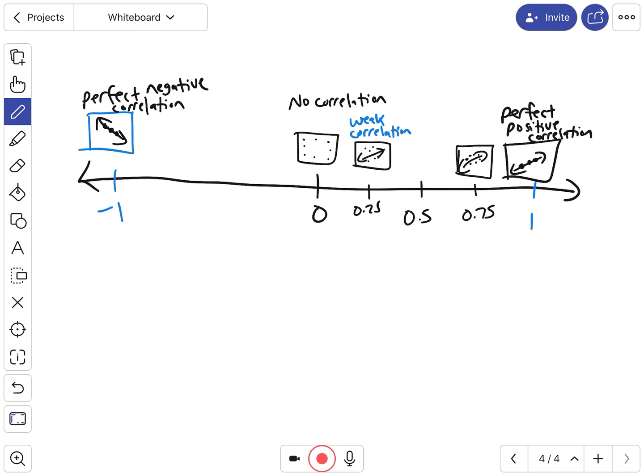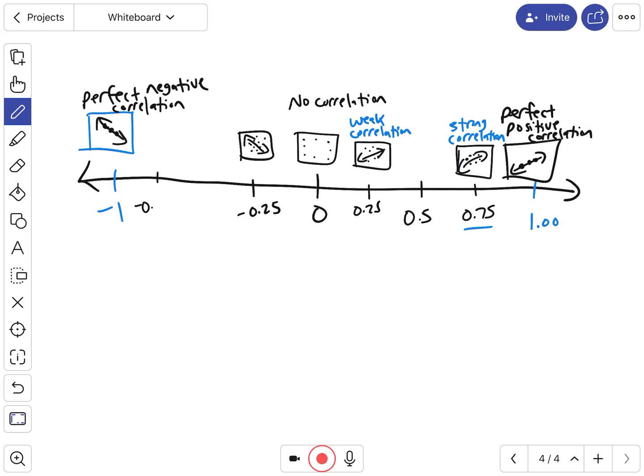And as you go more to 1, or 1.00, that is going to give you a strong positive correlation when you're going this way. And then, of course, you could go the opposite direction. If you had negative 0.25, you would have a negative slope, and the points are not as spread apart as the zero, no correlation, but they will be pretty far apart.